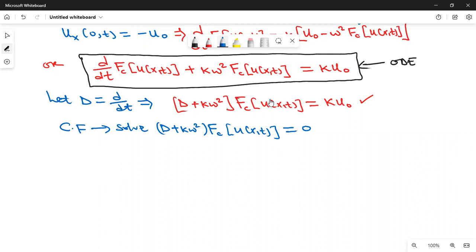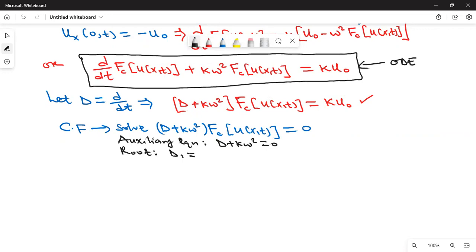Now the auxiliary equation is D plus k omega squared equals 0, of which you can find the root, just one root.